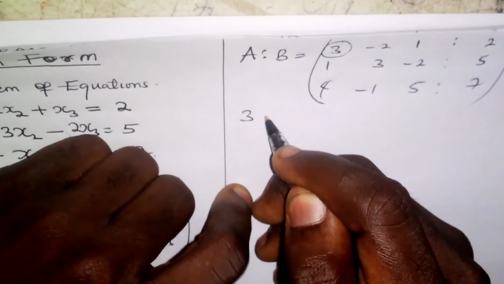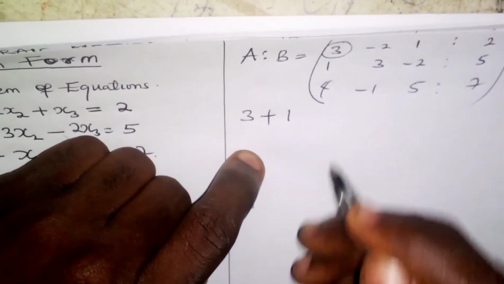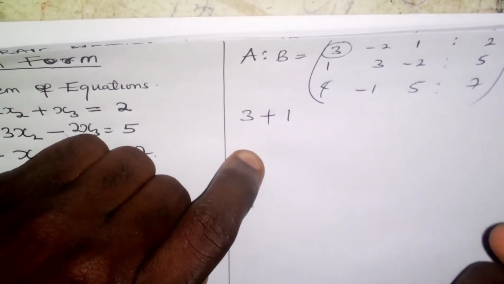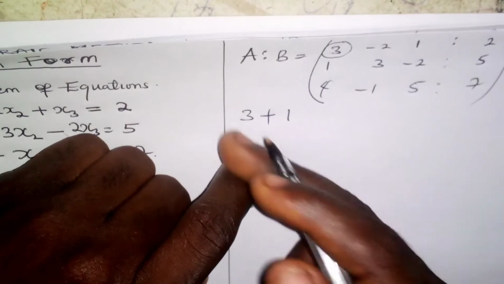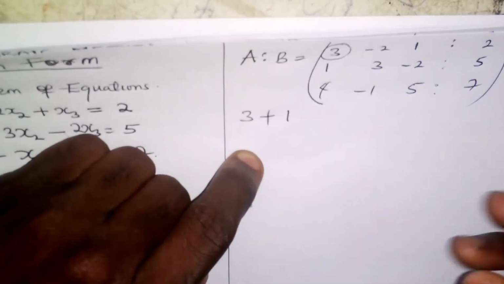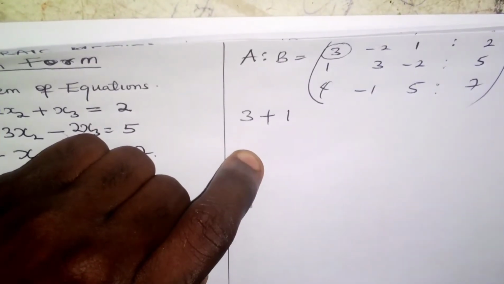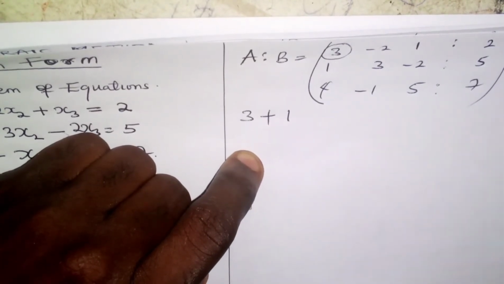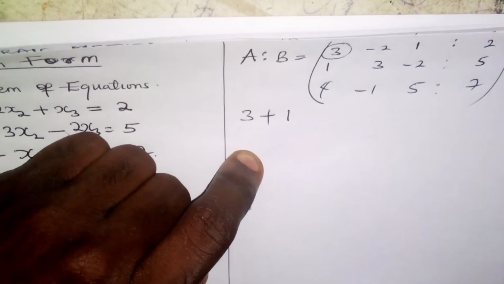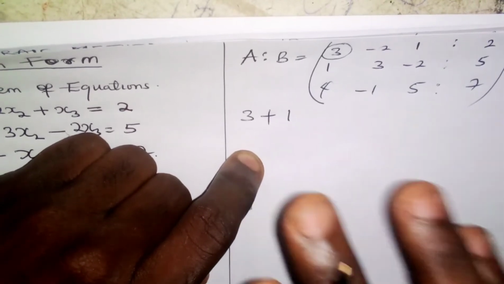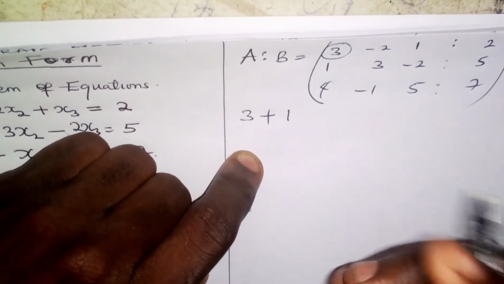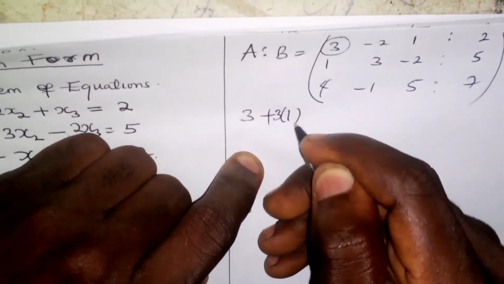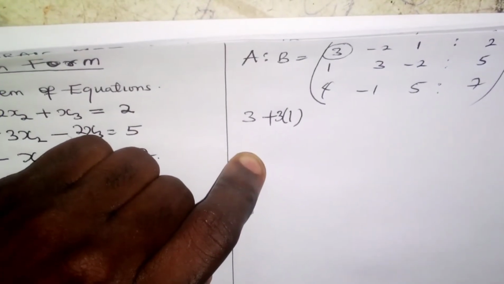So 3 plus 1. We observe that 3 plus 1 will not give us 0. So the only way 3 plus 1 can be 0 is to add a scalar. And that is the concept of elementary row operation, which says interchange any two rows, multiply any row by a scalar, then add the result to another row. That's elementary row operation. So if you multiply this place by 3, it's not yet equal to 0.